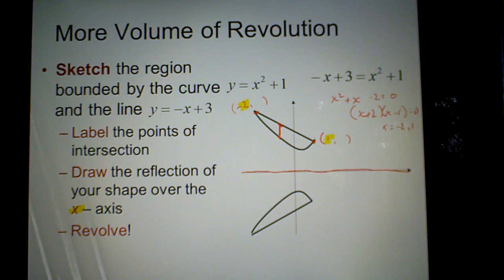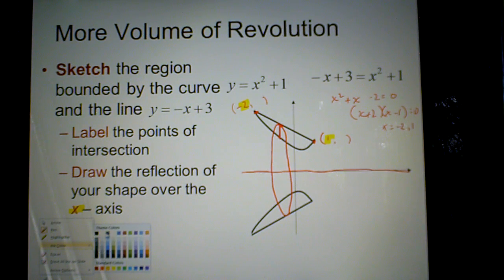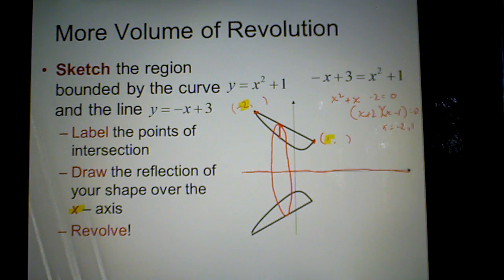So this is my radius. I'm going to spin from the line down to the line and back up. Then I'm going to spin from the bottom, from the parabola, down to the parabola, and back up. That's not a potato chip.